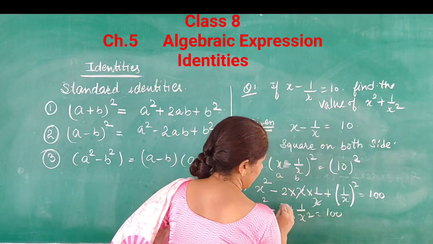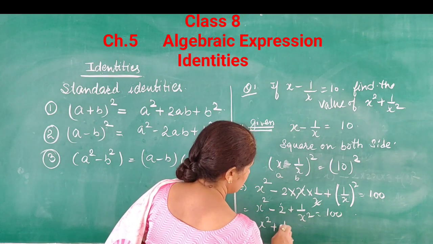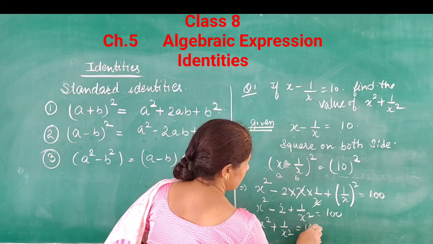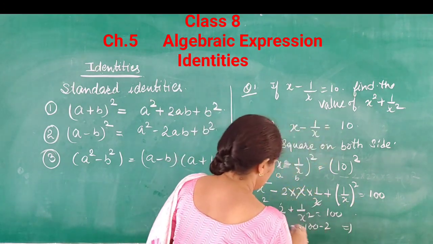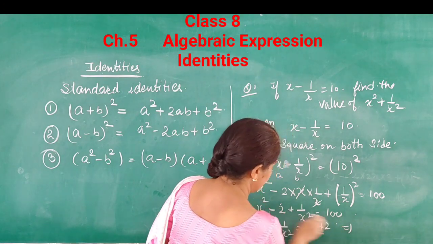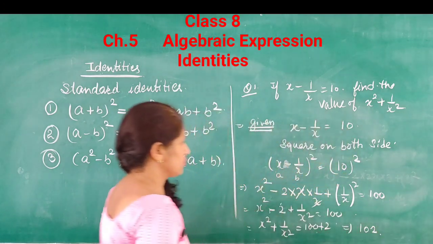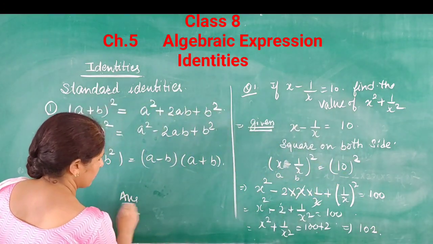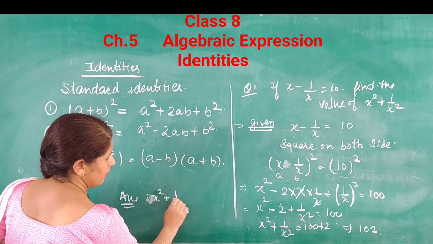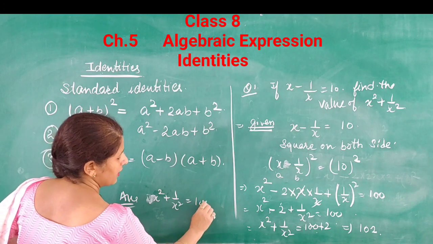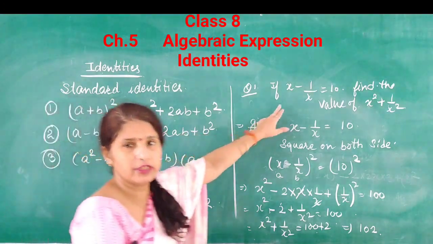Now take the 2 to this side. It will come x square plus 1 upon x square is equal to 100 plus 2, when 2 goes to this side it becomes positive, so 102. So the value of x square plus 1 over x square is 102.